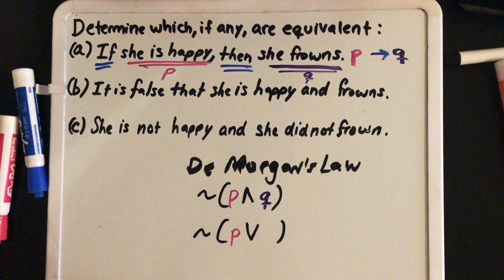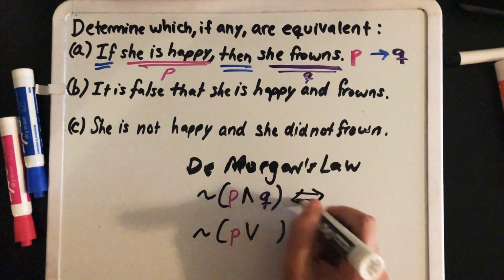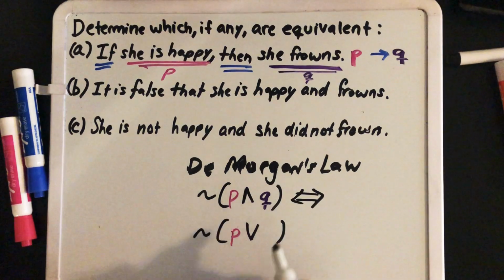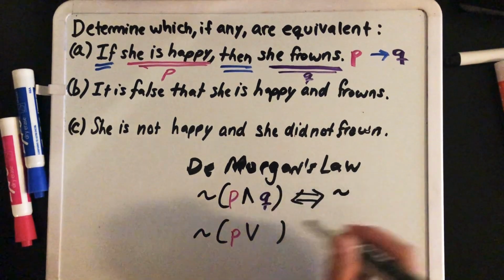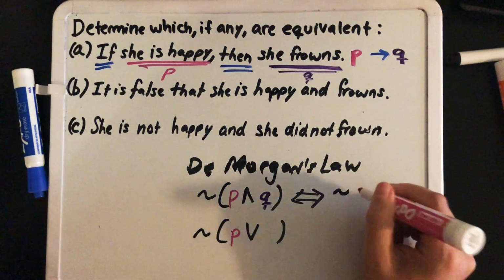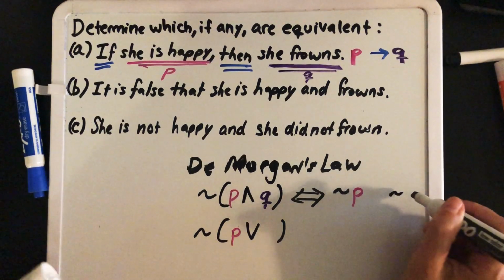Just to review real quick. Okay, so with De Morgan's law, that says we would basically distribute the negation sign, right? Distribute the negation sign. So this would become negation of P, so not P, negation of Q, so not Q.